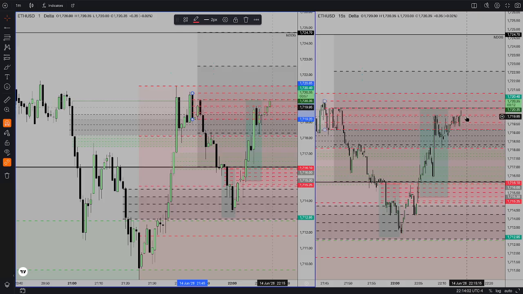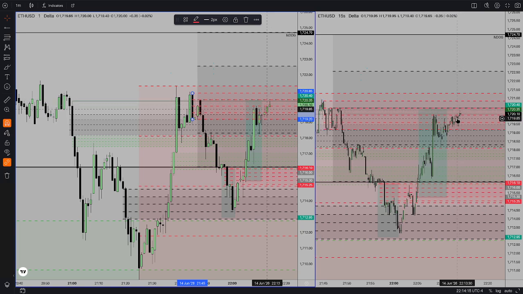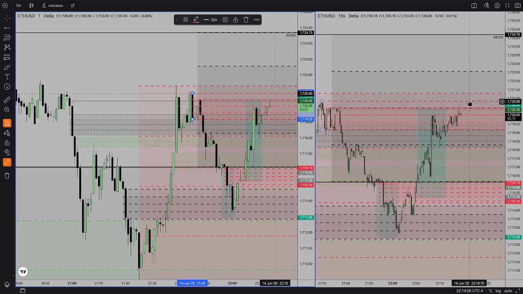There you go. That's the NDOG's event horizon. It's trying to approach there. I want to see how it reacts from that area. Ideally, what happens is the price tries to consolidate from this particular level. It should actually cross that in one candle, or else it's going to take some time for it to cross that level.